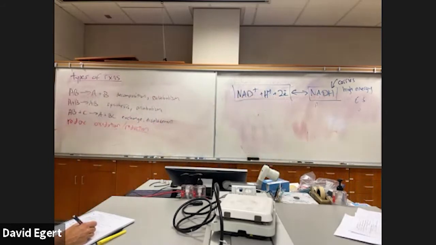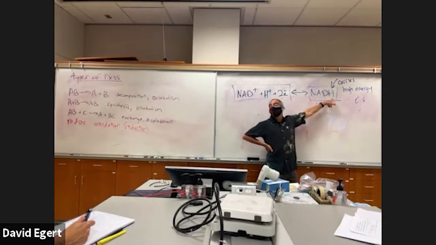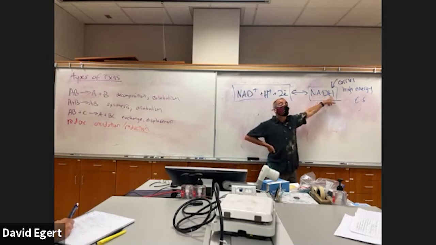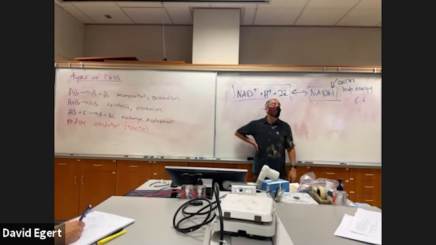So redox. One of the weird things in these biological reactions is that you look for the hydrogens to see where the electrons are, which is a little non-intuitive. What actually matters here is not that there's an H, it's that NADH has high energy electrons that it can donate to something.